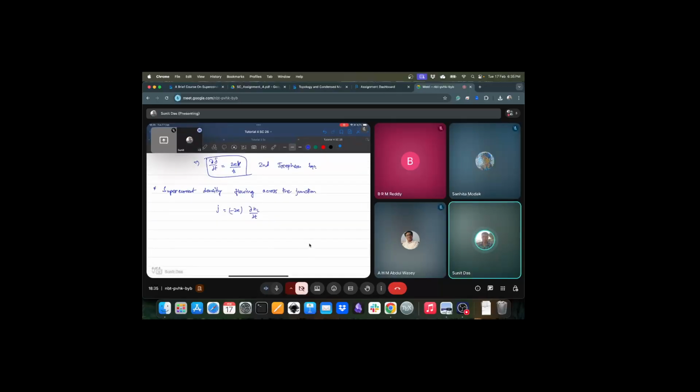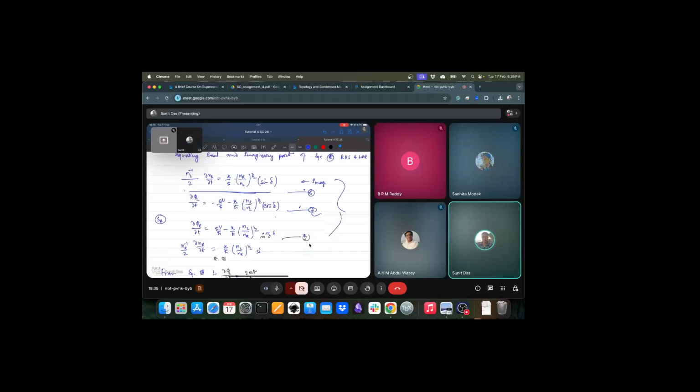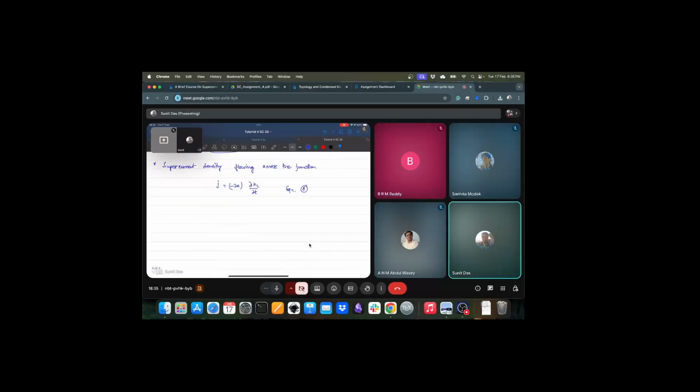Okay, so if you use equation 6, this will be equal to minus 2e times 2k by h bar times square root of n L n R sine delta.